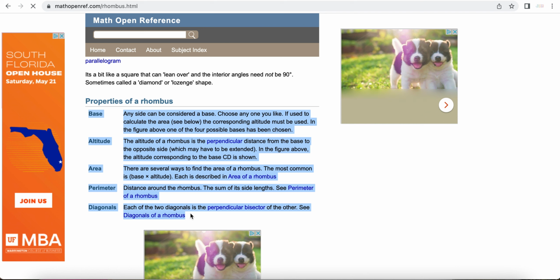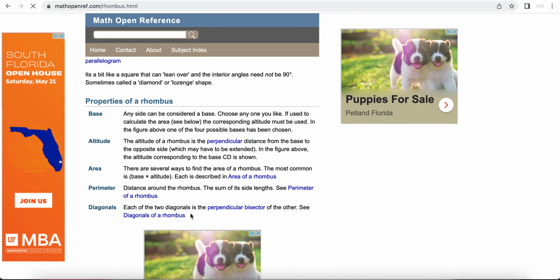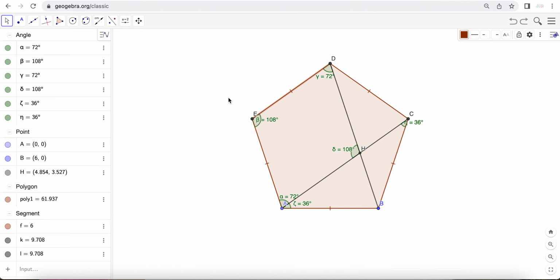It's pretty interesting: each of the 2 diagonals is the perpendicular bisector of the other. So maybe we can try that. Can you prove that these are perpendicular bisectors? Maybe pause here. Could you draw in the diagonals? Why don't you try that? Maybe that'll give you some ideas.